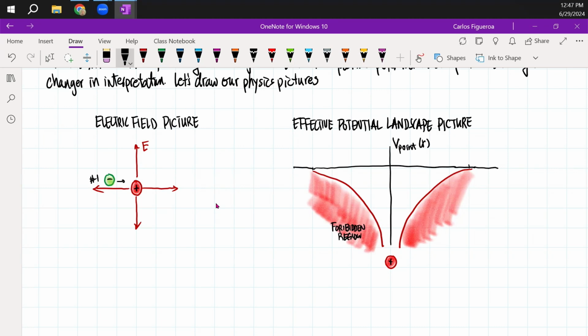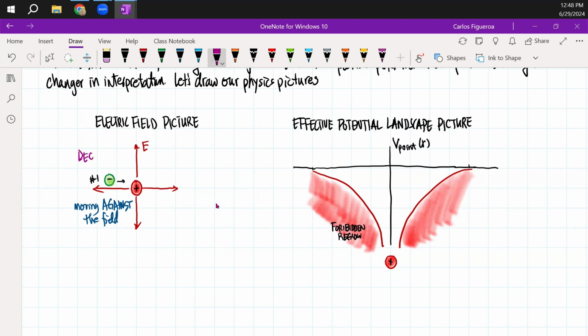So now what I see here is that this guy is moving against the field. And when it moves against the field, in this case, there's going to be a decrease in potential energy.